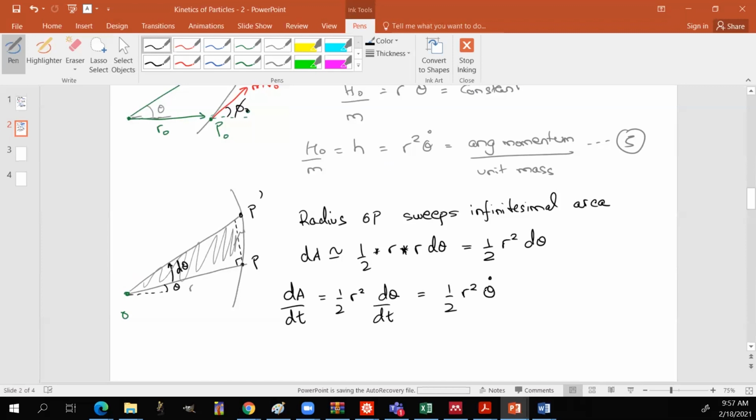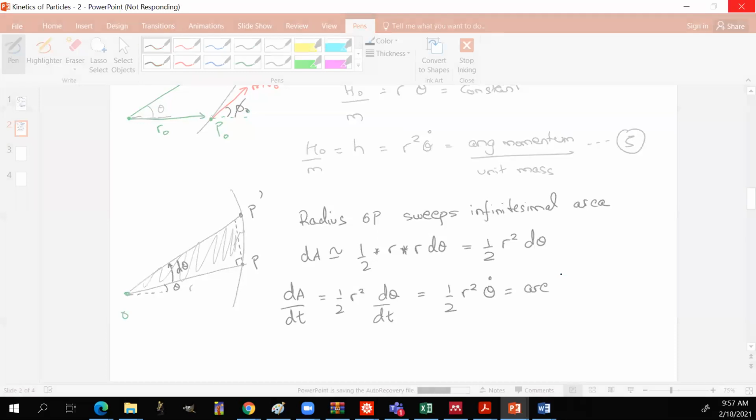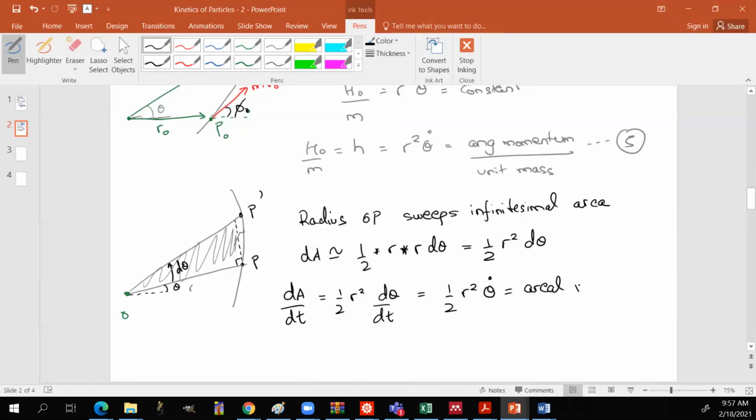So this, half r squared theta dot, is a quantity which is called the areal velocity. Let's say that is expression number 6.